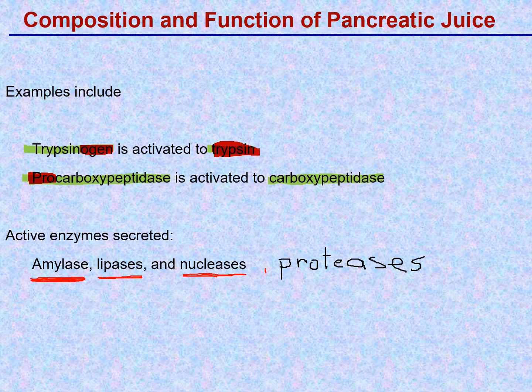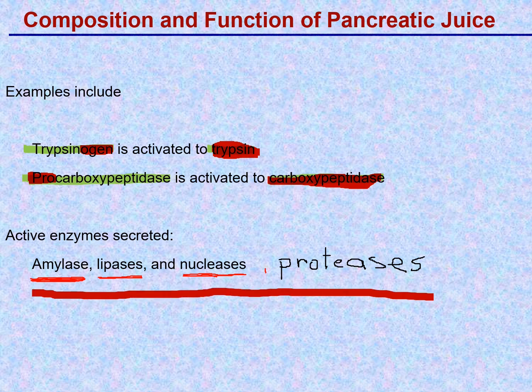It's an enzyme that acts on proteins, and carboxypeptidase also can act on proteins. Another enzyme off the top of my head would be chymotrypsin. But anyhow, there are a number of different enzymes released by the pancreas. Enzymes that can act on proteins, proteases, enzymes that can act on nucleic acids called nucleases, enzymes that can act on lipid, lipases, and one that can act on carbohydrates, which is amylase.